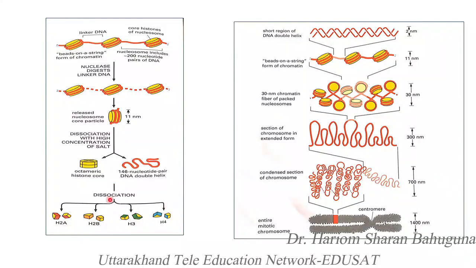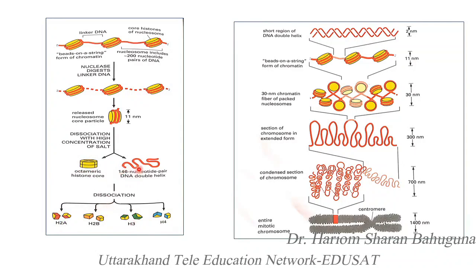Taking from the base of this figure first, these are 4 histone proteins: H2A, H2B, H3 and H4, and 2 molecules of each protein are used to form a histone octamer. Octa means 8 total particles, 2 of each of the 4 proteins.